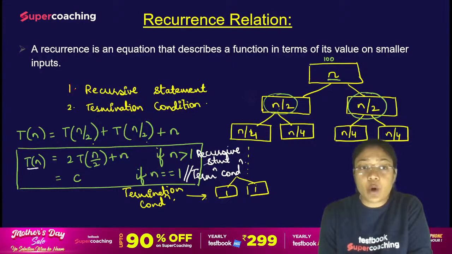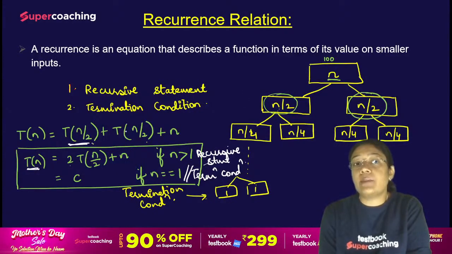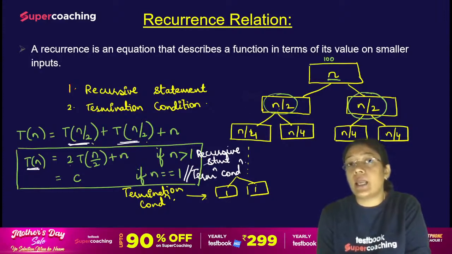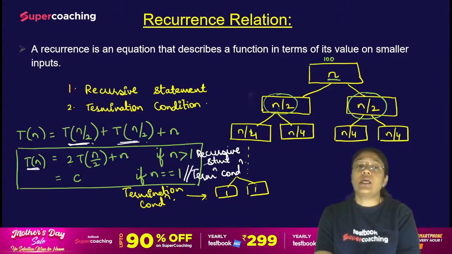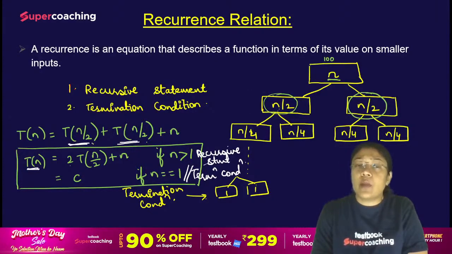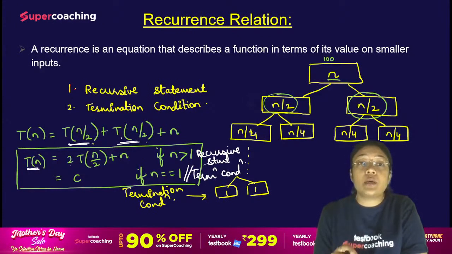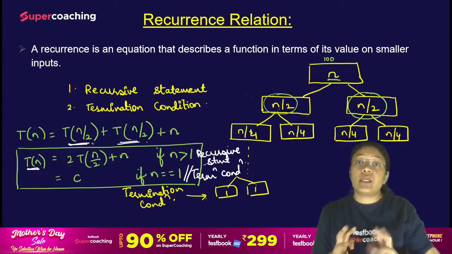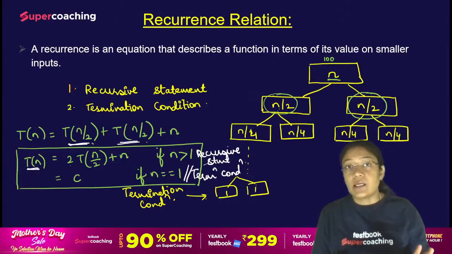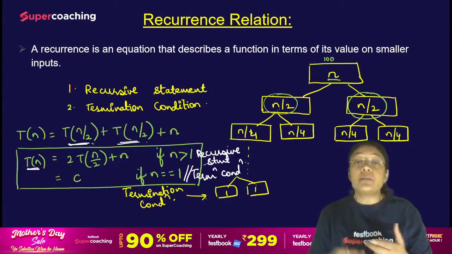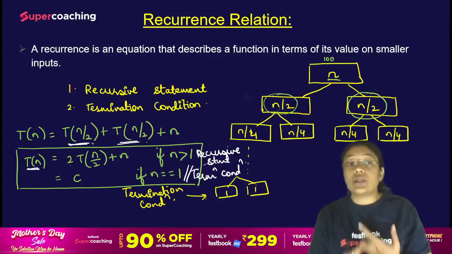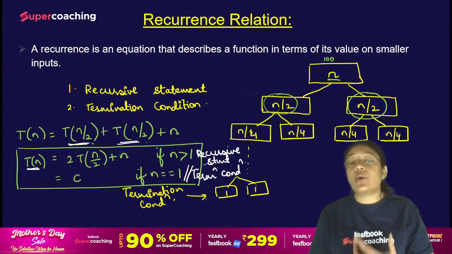The given problem which contained n elements is divided into two equal parts, meaning one part contains n by 2 elements and the other part also contains n by 2 elements. In the majority of problems it's n by 2, but it's not mandatory that we always divide the problem into two equal parts. It depends on your problem and your solution, which approach and which method you are going to use.